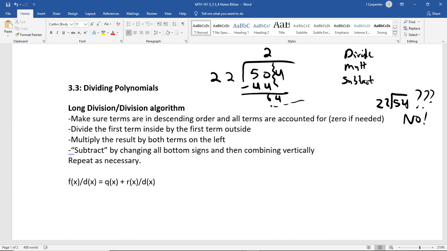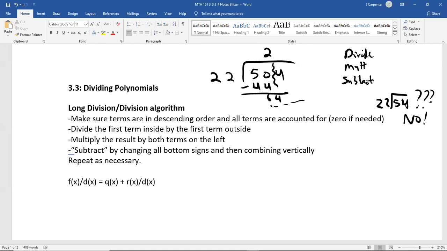So up here, we were supposed to do 50 minus 44, but these are going to be things with x cubes and x squareds. Just writing a minus in front of that isn't going to be enough because we're supposed to subtract the whole thing. So to show us subtracting, we just change the signs because changing the signs is equivalent to subtracting. Adding a negative is subtracting a positive, right? Then you bring down the next term, you repeat as necessary.